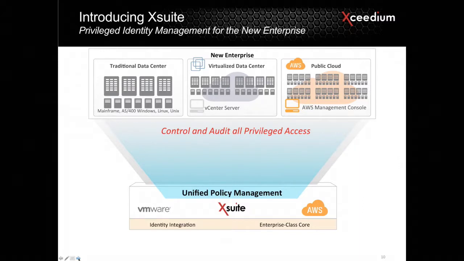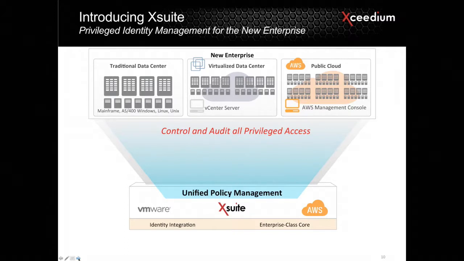With the announcement now, we support that infrastructure living up on a virtualized data center on the VMware vSphere, ESXi infrastructure, for example, and the vCenter server. We do all the things that we do for the guest systems to the management console as well. And we play that same playbook in the AWS public cloud environment.